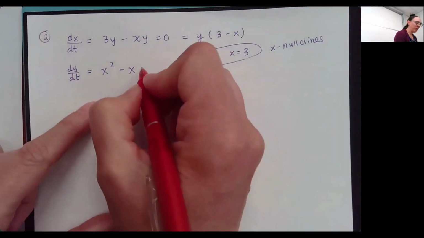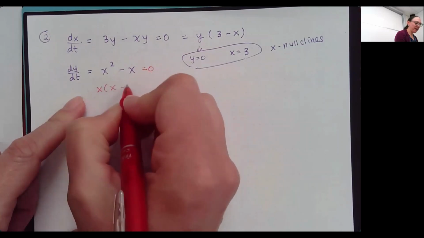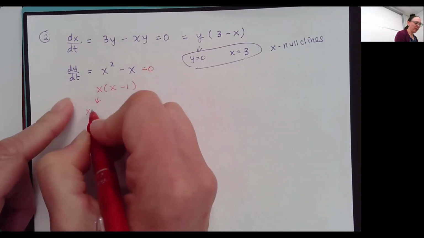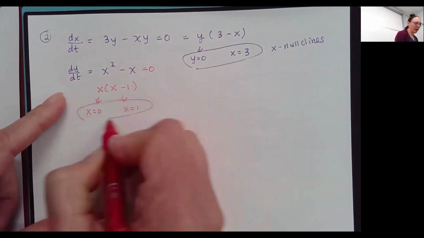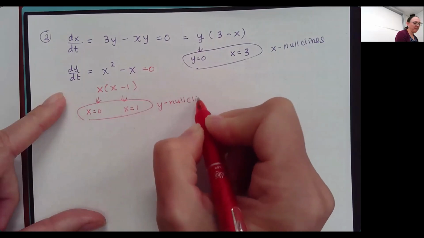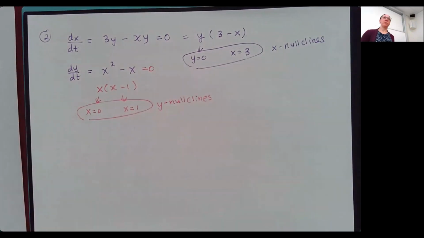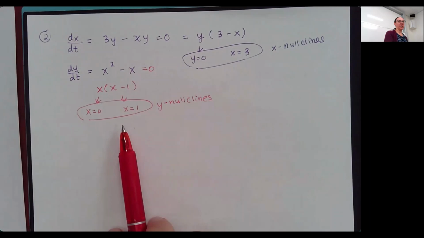This one, if I set equal to 0 and factor out an x, I get that x equals 0 or x equals 1. So these are my y null lines. And it's only an equilibrium where, based on my colors, a purple line would intersect a red line.